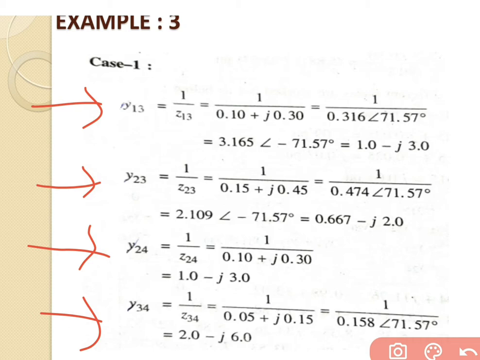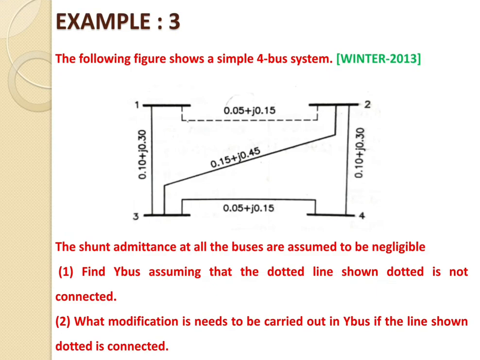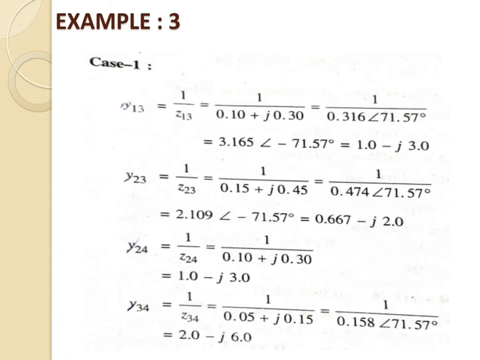So y13 is equal to, we will try to convert in terms of impedance, because in this example the values are given in terms of impedance only. So we will write y13 is equal to 1 upon z13. So 1 upon, just put the value of impedance, 0.10 plus j 0.30, that is equal to, in polar form, 0.316 with an angle of 71.57 degrees.